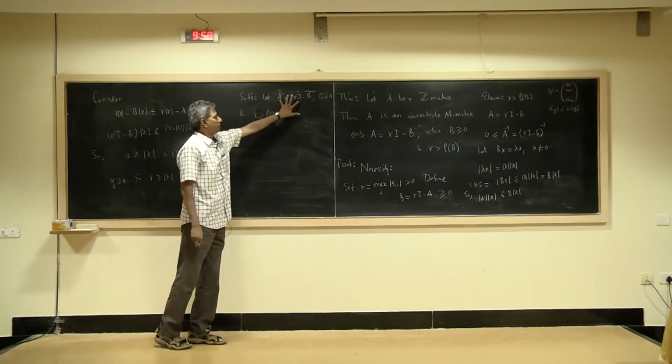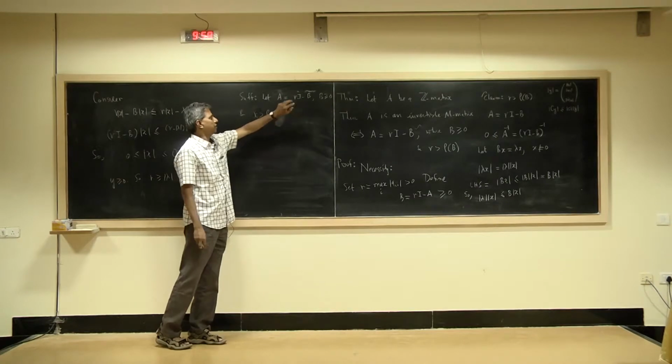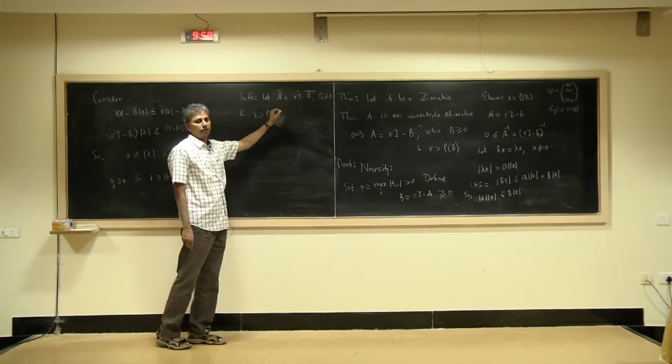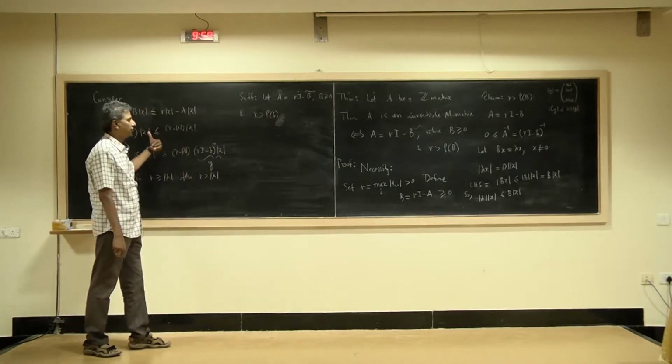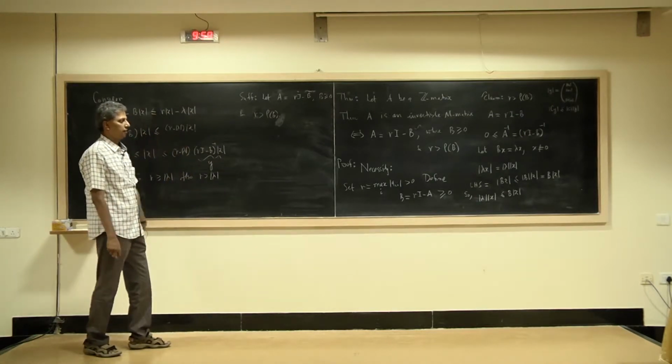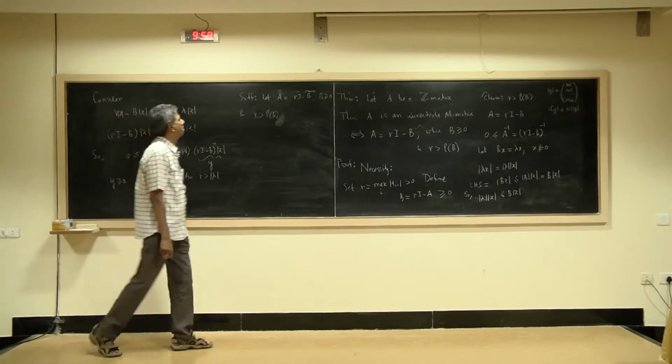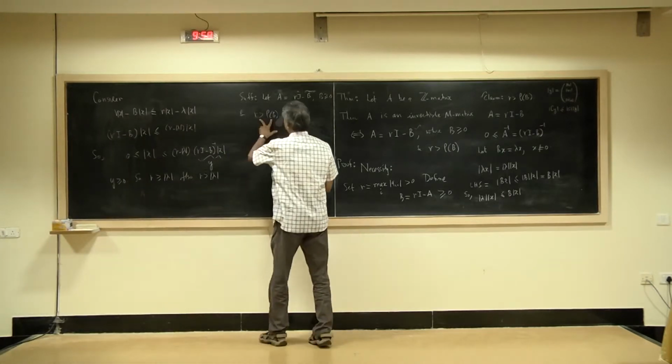From the representation, and since B is non-negative, it's clear that A is a Z matrix. But we want to show that, first of all, A is invertible and that A inverse is non-negative. Okay, now look at this.